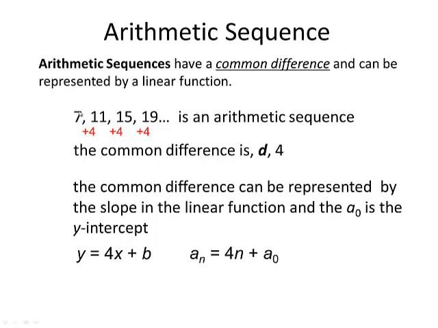Because if a sub 1 is 7, what added to by 4 will give you 7? Well, that would be 3. Or you can subtract your common difference from your first term to get your a sub 0. Or 7 minus your common difference of 4 will give you 3.